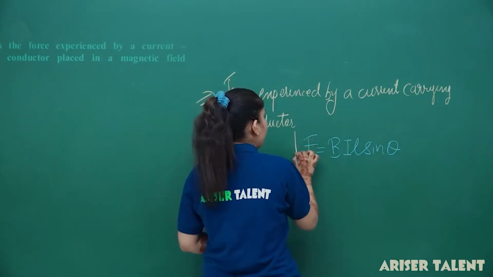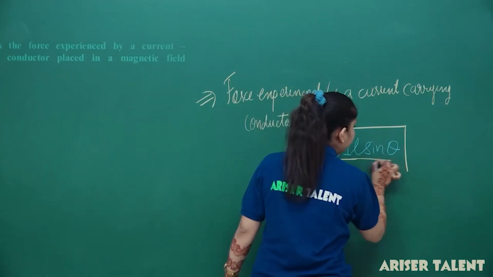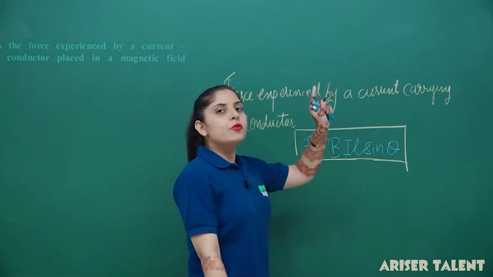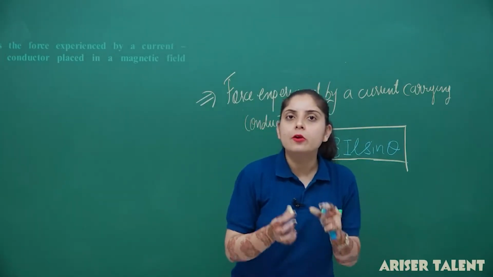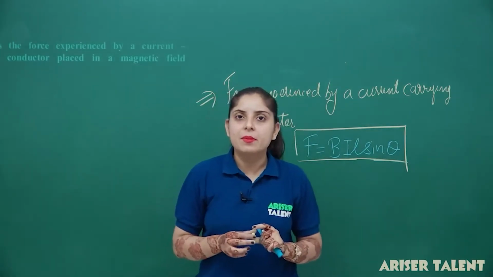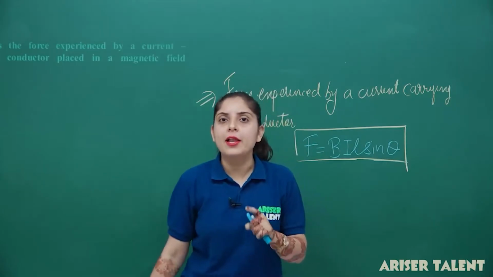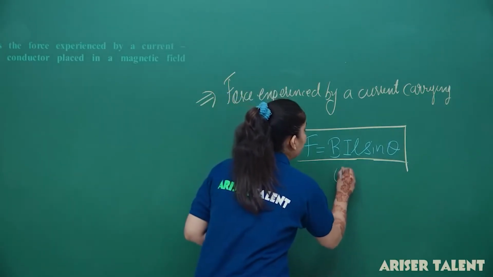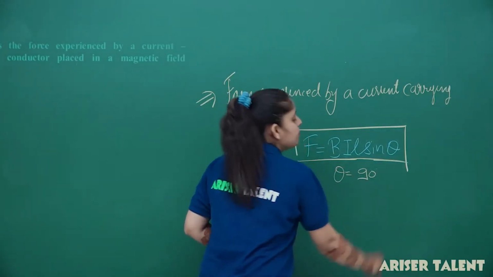So this will be the formula for calculating the force due to a current carrying conductor. And if you remember the sin theta cos theta trigonometric table, you know that the value of sin 90 will be maximum, because sin 90 will give you the value 1. So I can put theta equal to 90 degrees.